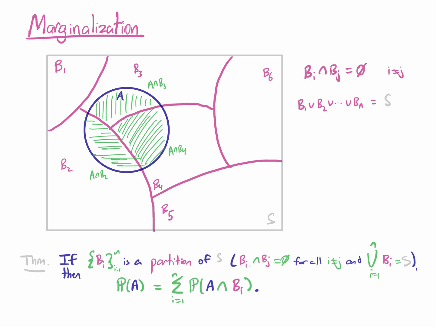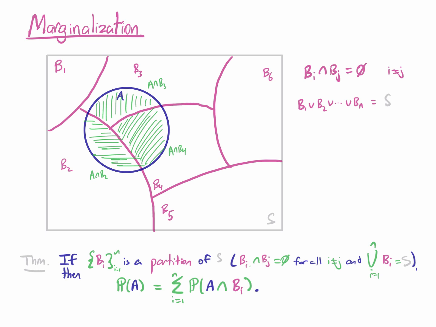If some set B is a partition of our sample space with the partition properties we have above, then if I want to calculate the probability of any set A in my sample space, any event, one way I can do it is by calculating the probability of A and Bi, and then summing over all the possible choices of Bi. So I look at the intersection of A with B1.